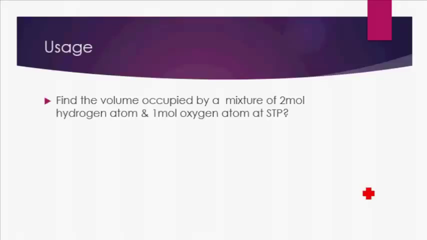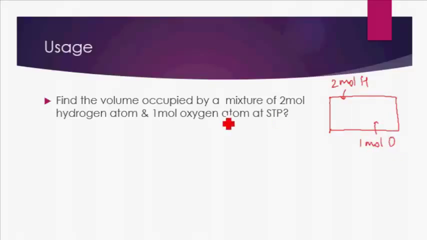So let's solve a quick question on Avogadro's hypothesis and let's get done with all the gaseous laws. Here we have to find the volume occupied by a mixture of 2 mole hydrogen atoms and 1 mole oxygen atoms at STP. That means they have given us a container containing 2 mole of H and 1 mole of oxygen atoms.